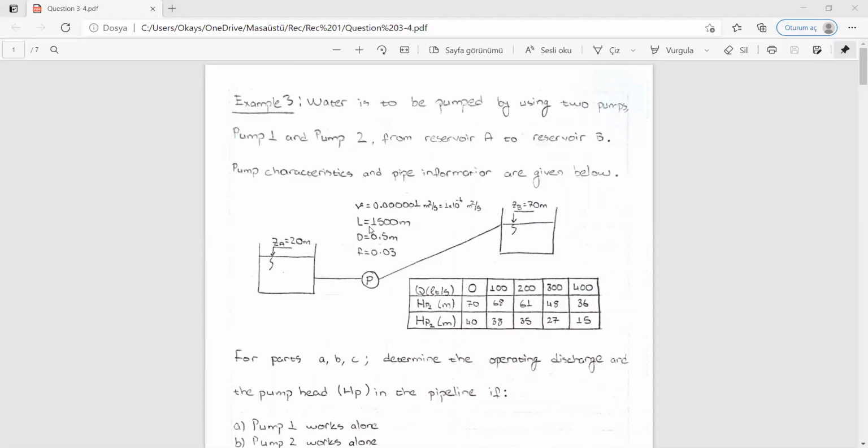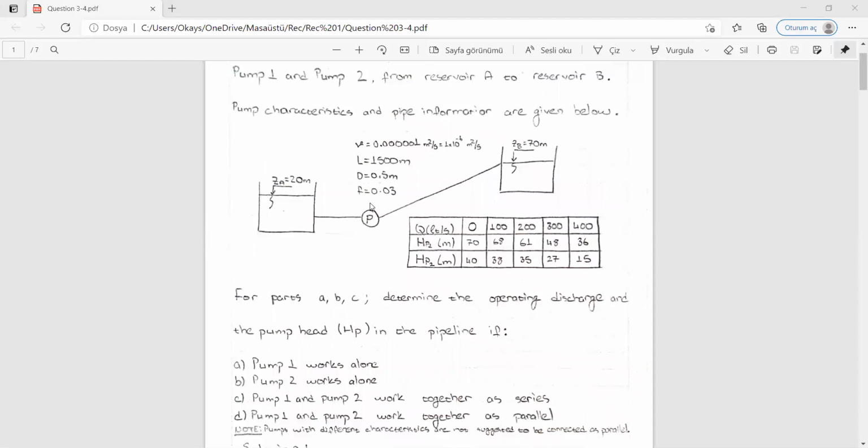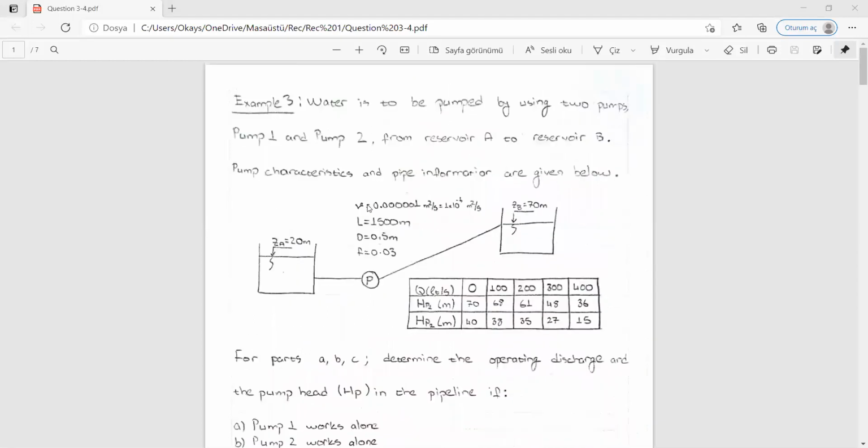what is different in this question from the previous one is this time we don't have a pump equation provided to us. Last time, if you remember, we had something like H available is equal to H0 minus A times something.